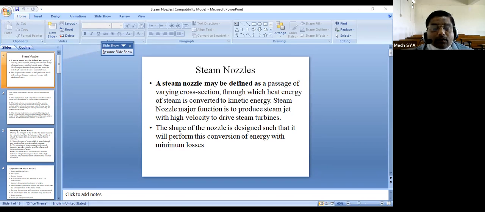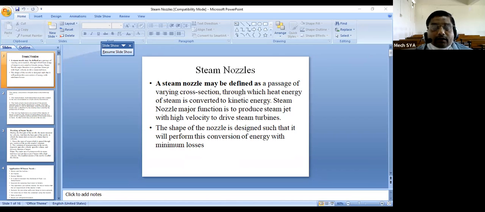The steam turbines will follow in the chapter on steam turbines, where we are going to see the details. Okay, so F is equal to ma. So it is following the law: resultant force F is equal to m into a. As the acceleration in that direction increases, resultant force will also increase. Acceleration here means blade acceleration.